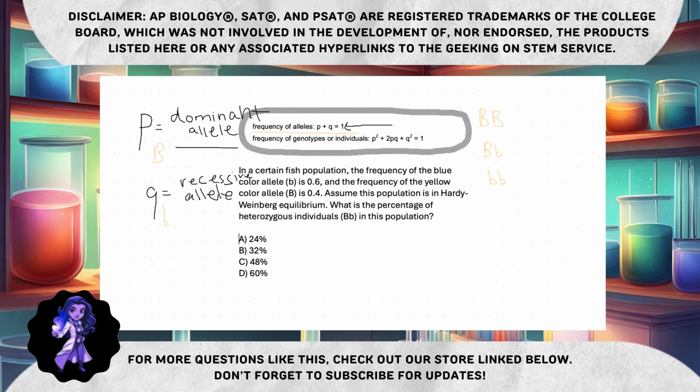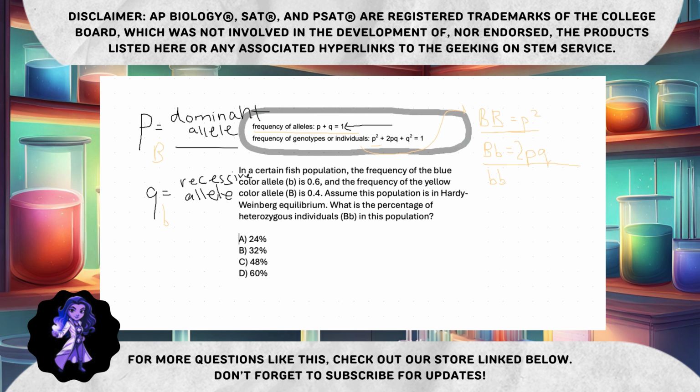And that's where the frequency of genotypes comes in, because P squared is the same thing as saying the frequency of homozygous dominant, like the two big B's. Heterozygous would be the equivalent of 2PQ.